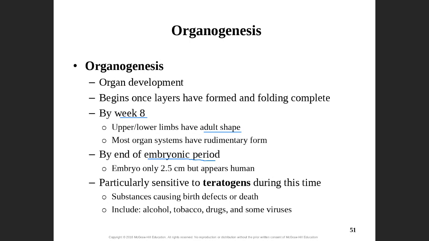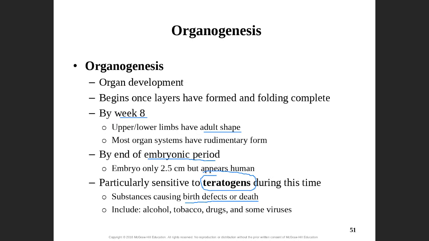But during this time, in organogenesis, as these organs are developing, which is great, at the same time we have to be careful of the introduction of these substances which we call teratogens. Teratogens are harmful substances that can cause birth defects or even death in some situations.